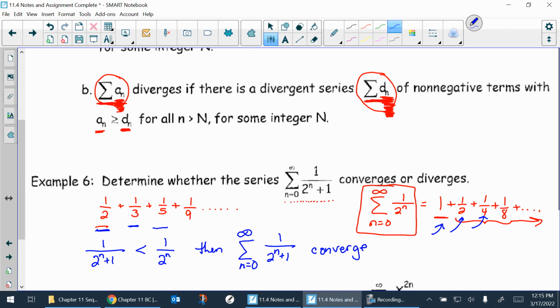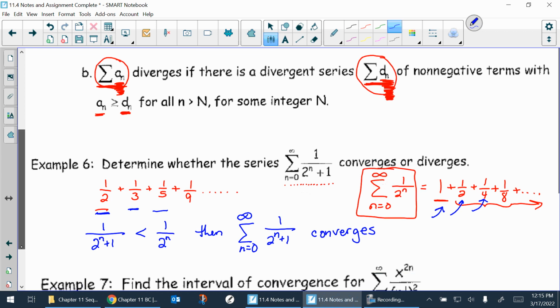Because I compared it to something that I knew converged, and each term was indeed smaller. So that's the direct comparison test.